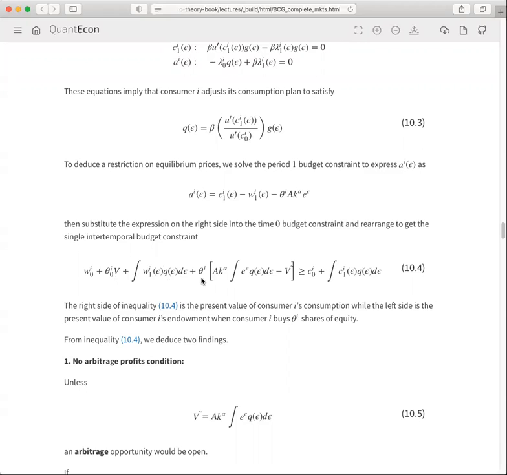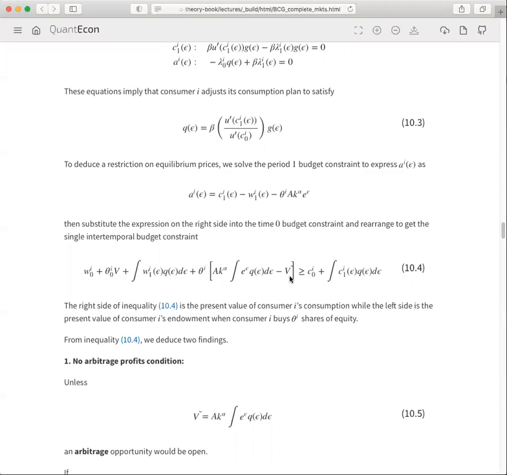And then here's theta i times this object, and theta i is the amount of shares that I have. And this is the value of the dividends of the firm.